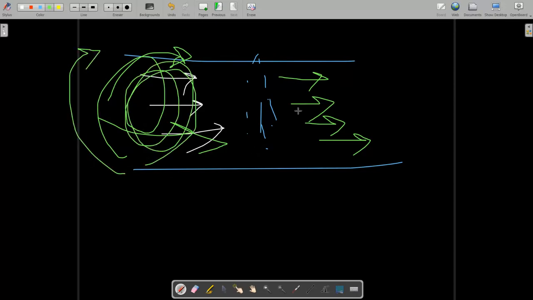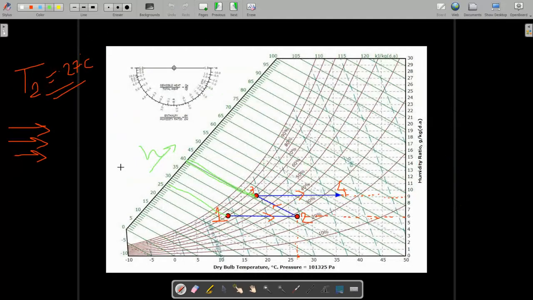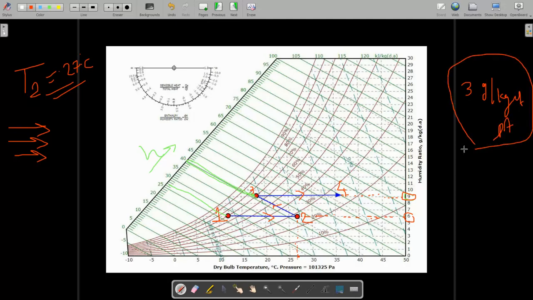How much water we have to add is the amount of water taken by the air. Take the difference: the final condition is 9 gram per kg of dry air, and initially it is 6 gram per kg of dry air. So the difference is 3 gram per kg of dry air. That much makeup water you have to add.